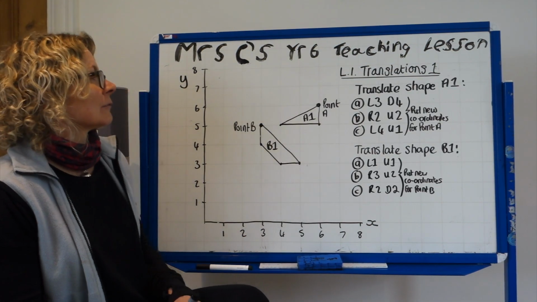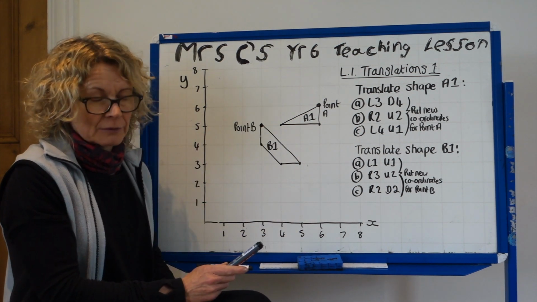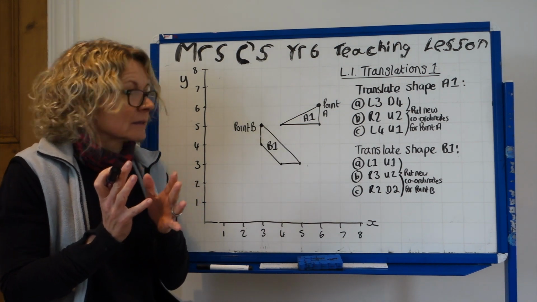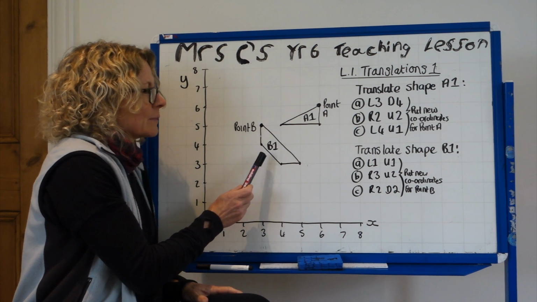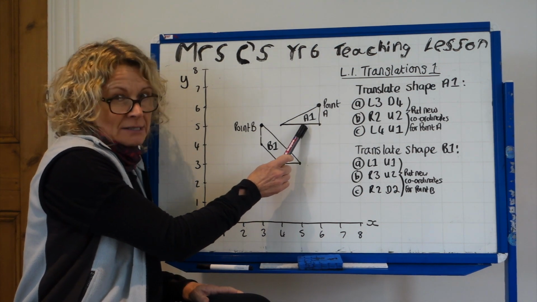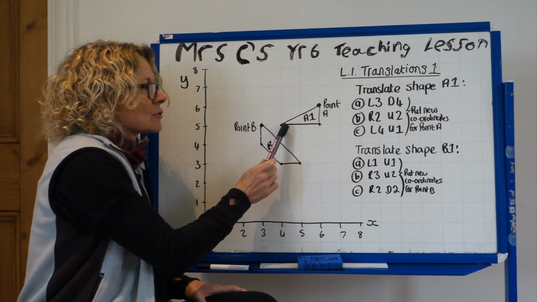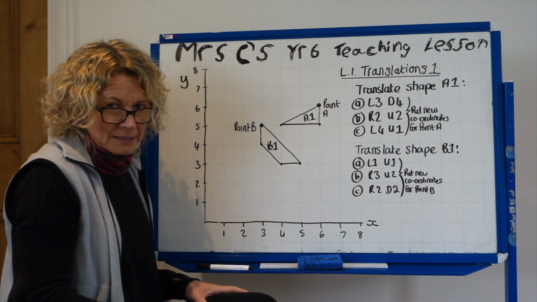So I have put 2 shapes now onto the graph, and it's going to get a little bit complicated, this, because you need to move each shape. We've got a trapezium and a right angle triangle, and the A1, the right angle triangle, is going to move to 3 different places.